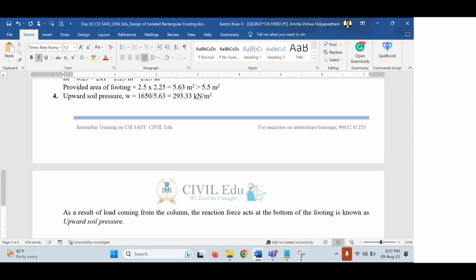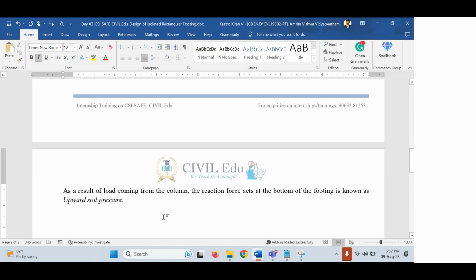Whatever load is coming from the column, that load should exhibit the reaction force. We have discussed that in the very first session. That reaction force is called the upward soil pressure.